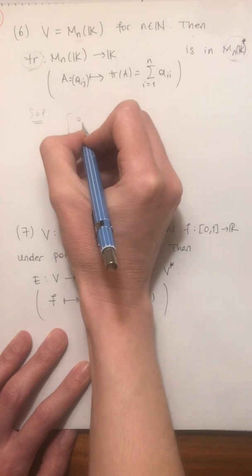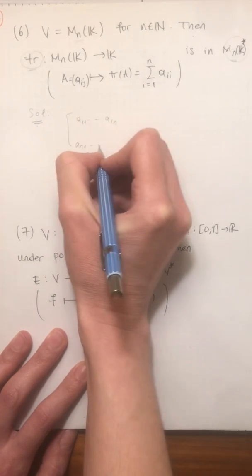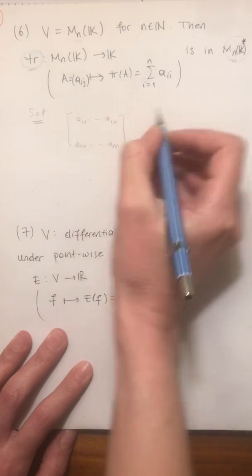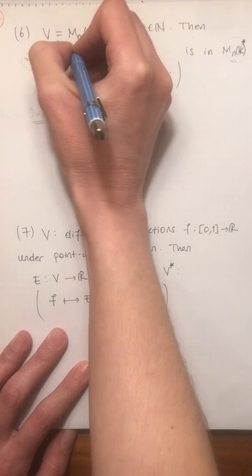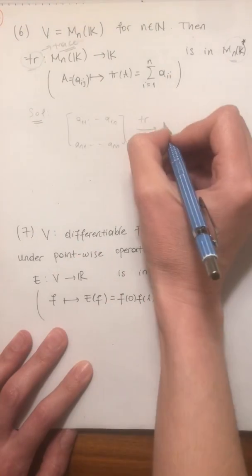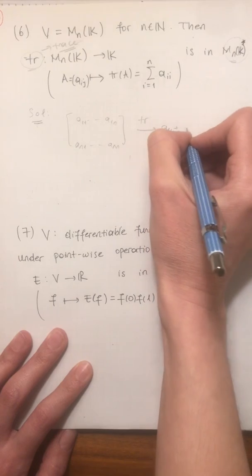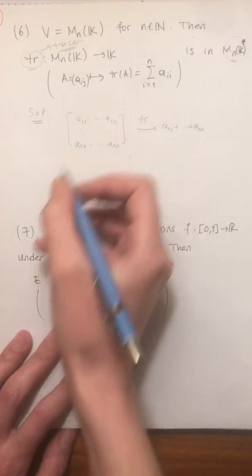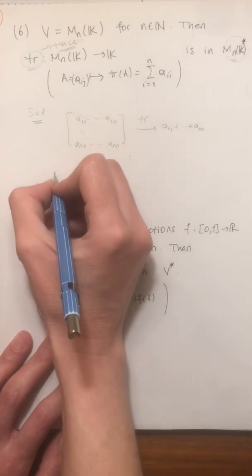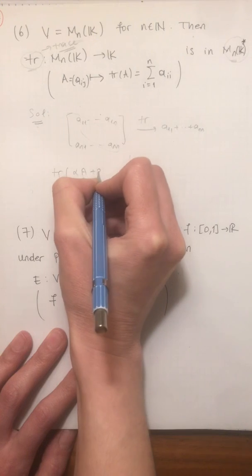You have an n by n matrix, and it's taking the trace. It has a special name, trace, and the image will be the sum of the diagonals. And it's easy to see that this is a linear map.